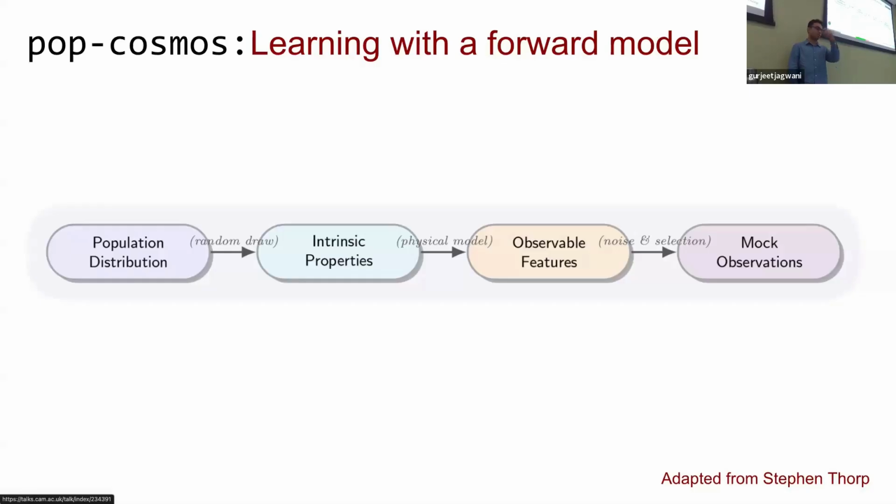We're talking about galaxies here, so the flux of a galaxy. Then we add some sort of realism to it, like what it really looks like when we actually look at it through the telescope. That gives us a forward model going from this distribution of galaxy properties to what we would observe through a telescope.